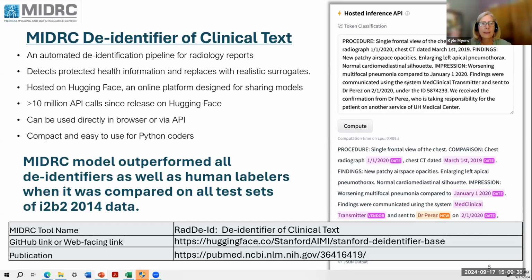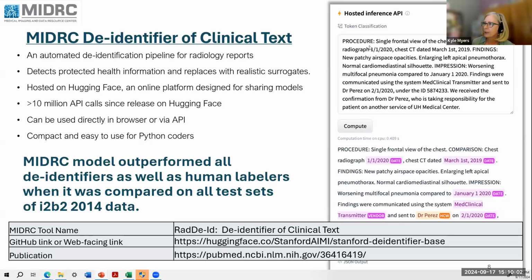So MIDRC has developed an automated de-identification tool for radiology reports, pulling out data in order to protect health information, but replacing it, not just scrubbing it, but replacing it with realistic surrogates. And I'm going to show you on the next slide how we've evaluated this tool and shown how effective it works.